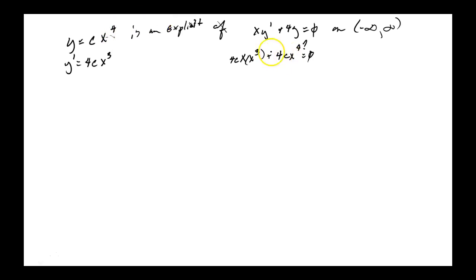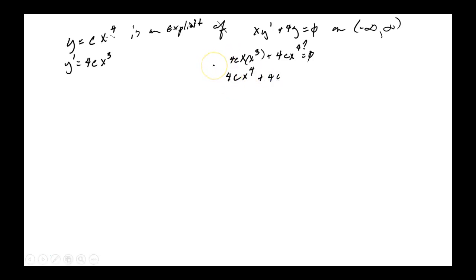So that's what I've got here. Is that equal to 0? Well, it's pretty easy to see. This is 4c, and x times x cubed is x to the fourth, plus 4c.